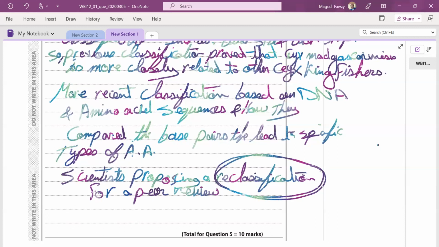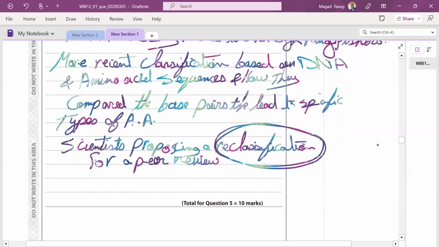So it means the scientists should revise this together. And finally, we cannot forget, oh, what is that?